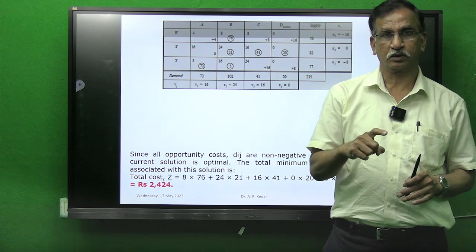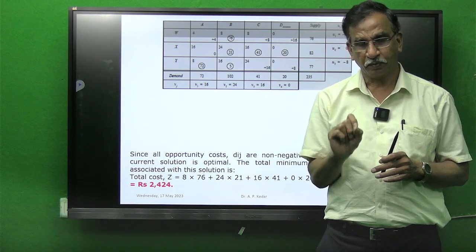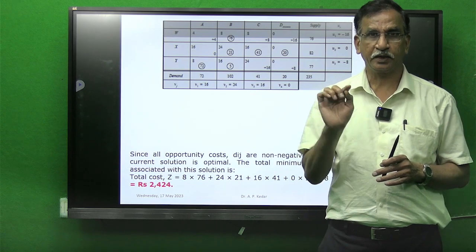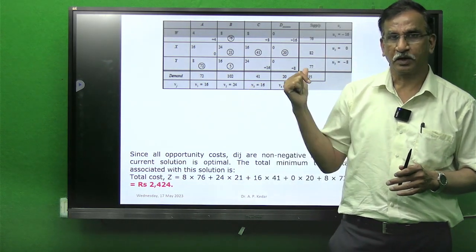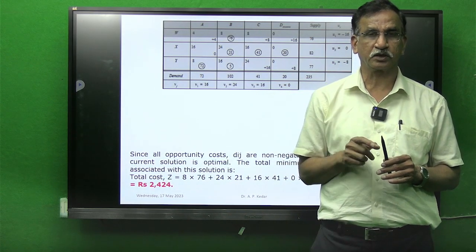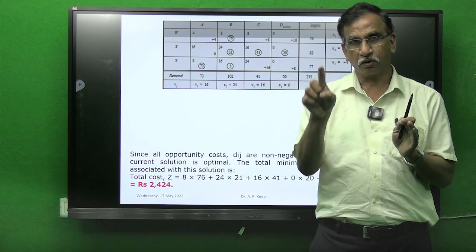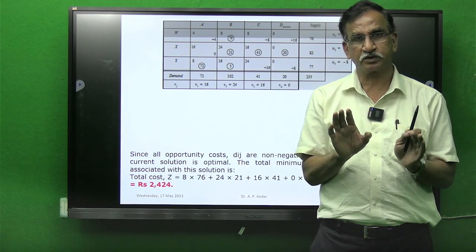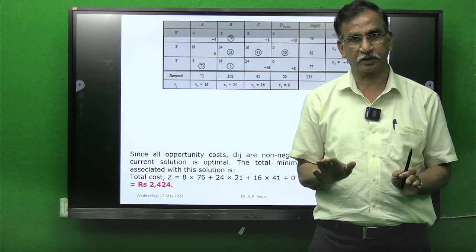We have seen how to convert an unbalanced problem into a balanced transportation problem by adding a dummy row or dummy column. And in the last slide, if you have a maximization type of problem, the first step is to subtract all elements of that maximization matrix from the highest element of the same matrix.